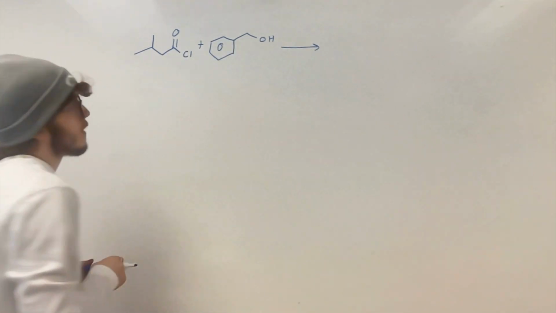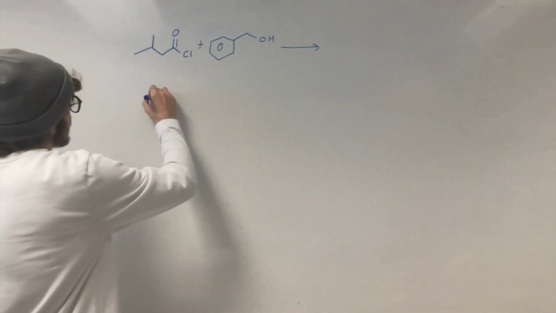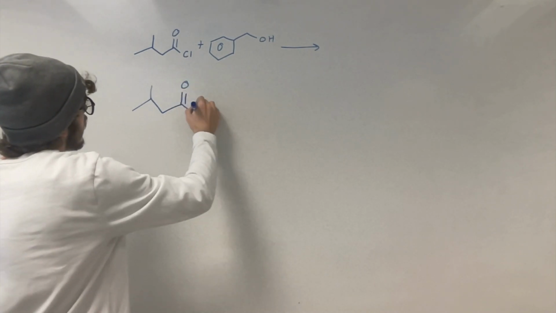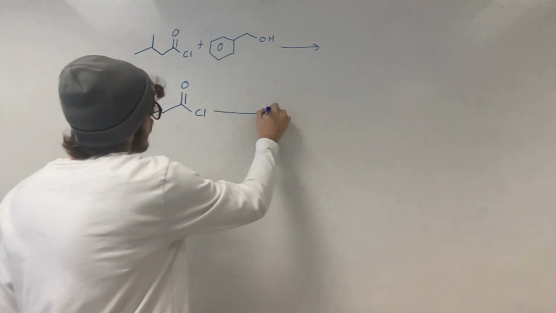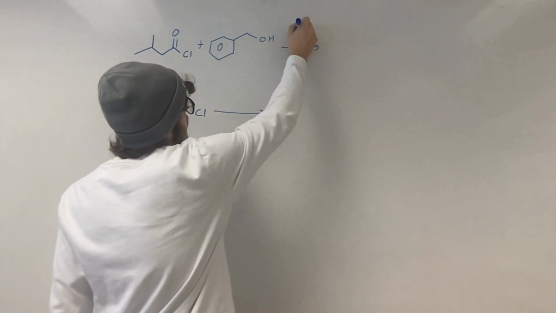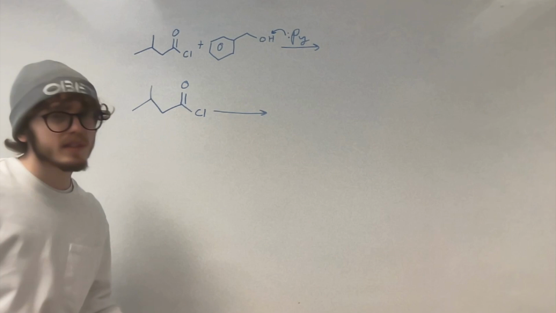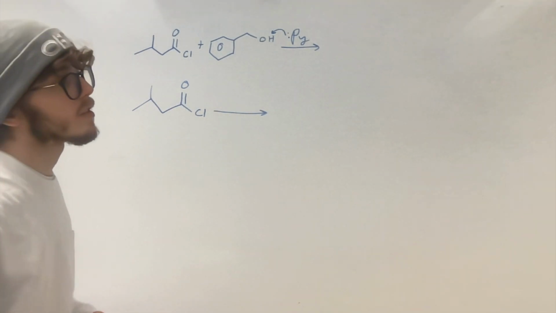Let's begin. Try this on your own if you'd like, but it starts with this here, and we could use a base like pyridine to deprotonate this, but in this case, we don't have a base.